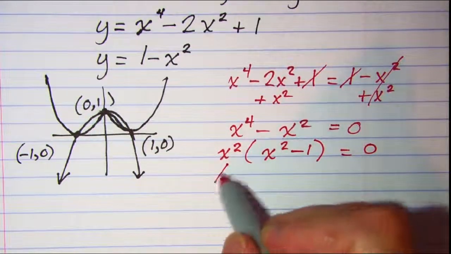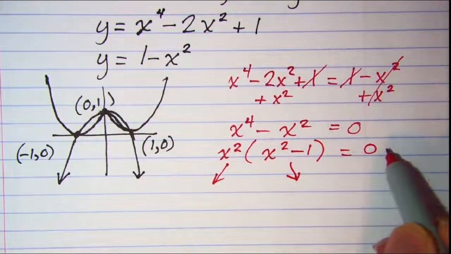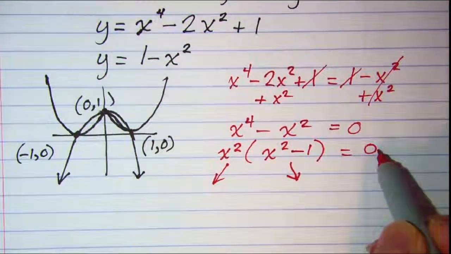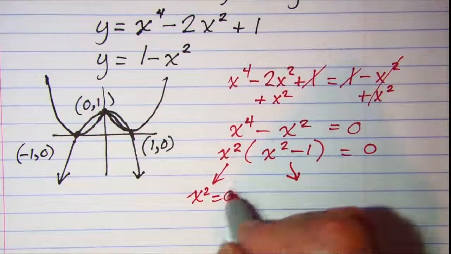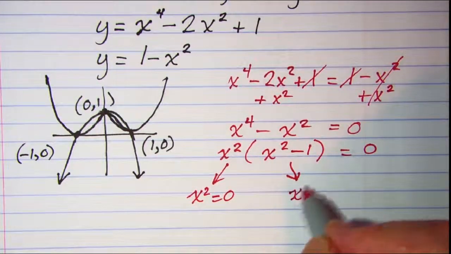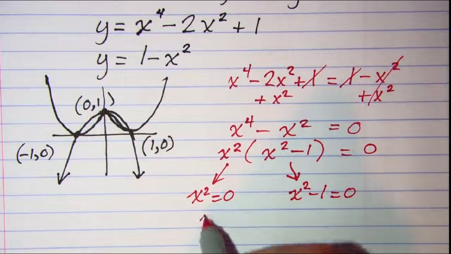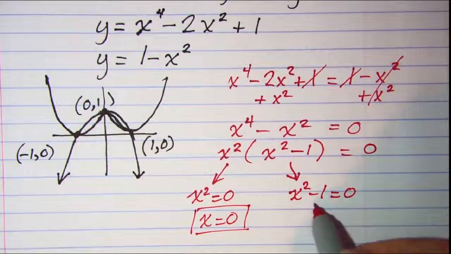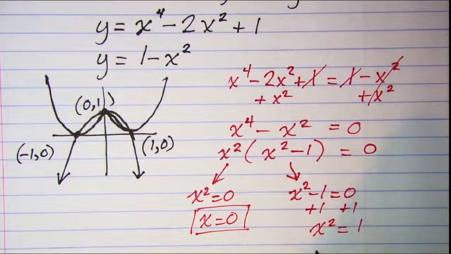And then the zero factor property says that if the product of two factors is 0, then set each factor equal to 0: x squared equals 0, and x squared minus 1 equals 0. So this is saying x is equal to 0, and this one we can add 1 to both sides. So x squared is equal to 1, square root both sides, x is equal to plus or minus 1.